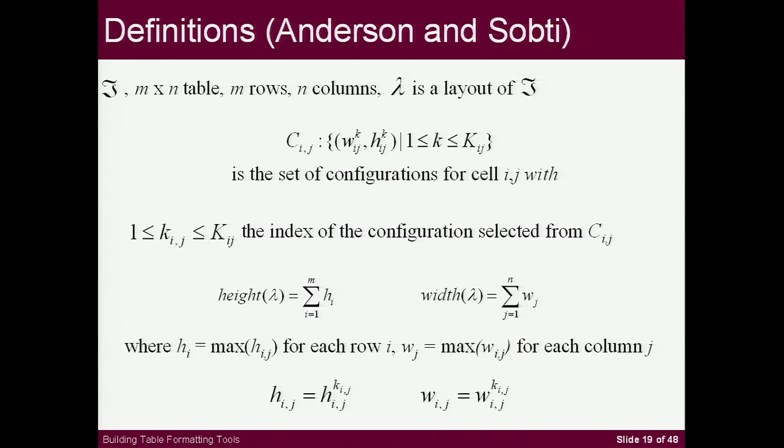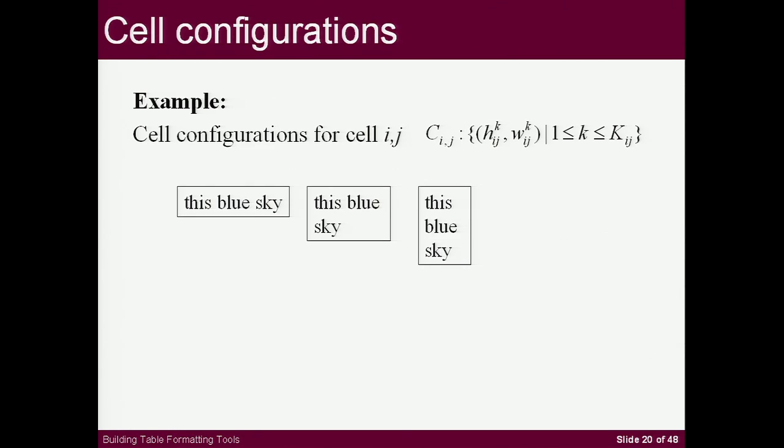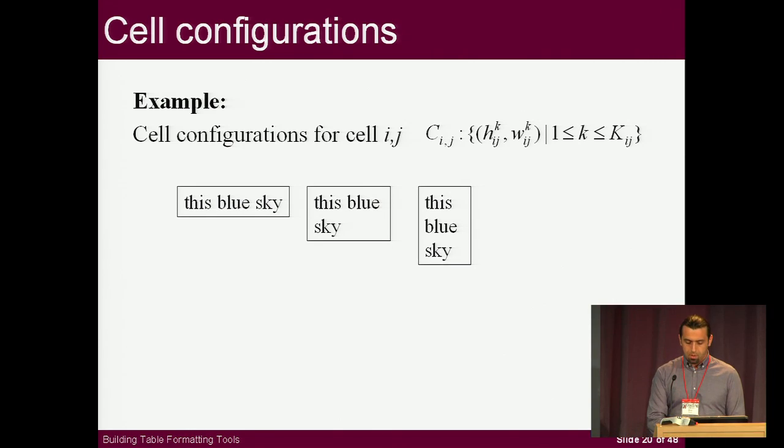I will try to explain in natural language. Basically, every cell has a number of configurations, and the idea is to select from each cell the configuration that will actually minimize the table height for the given page width. And as you can see, in this case the set of cell configurations has 3 configurations, as you can probably see here, and that's the set.